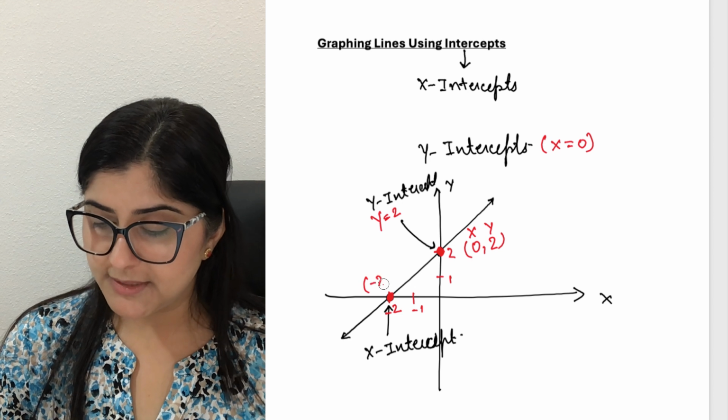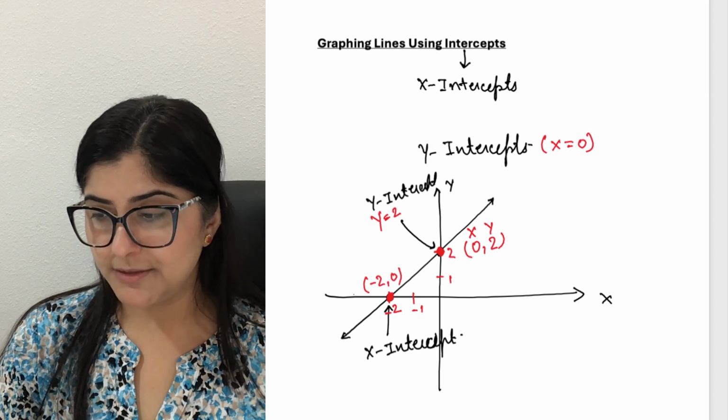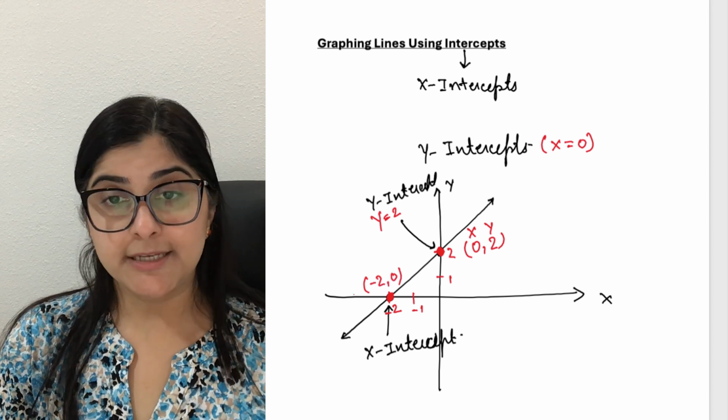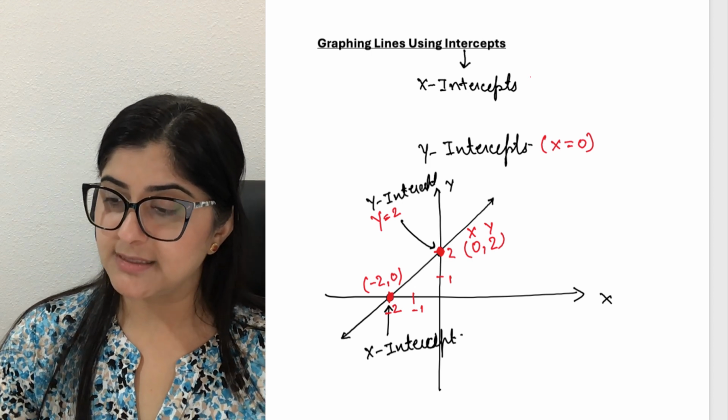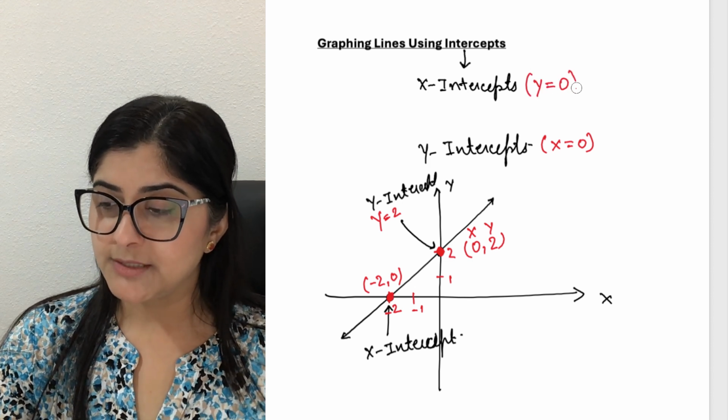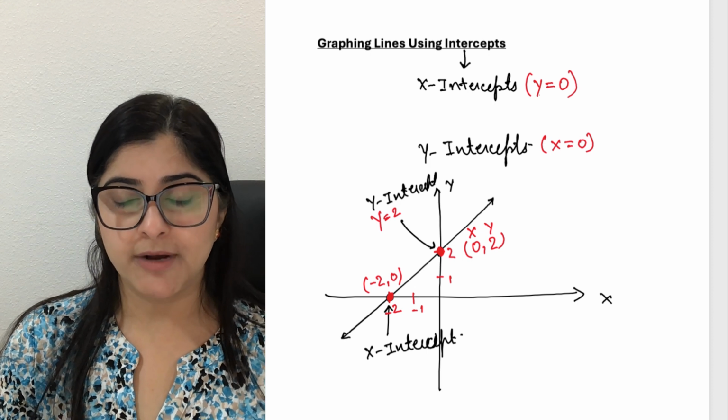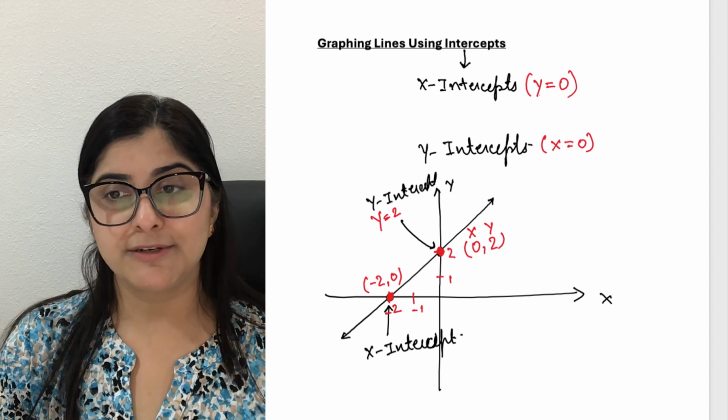The coordinates of this point are (-2, 0). Algebraically, to find the x-intercept, you know that on the x-axis y value will be 0, so replace y with 0 and solve for x.